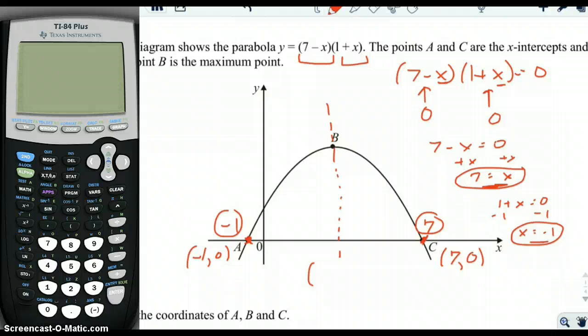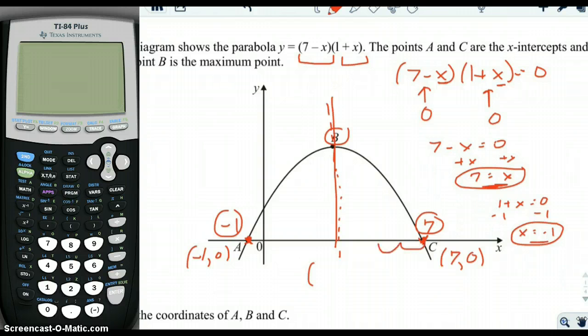The parabola is a mirror image of itself. So if one x-coordinate is negative 1 and the other x-coordinate is positive 7, then the vertex has to be halfway in between there. Between 7 and negative 1, there's about 8 positions, right?